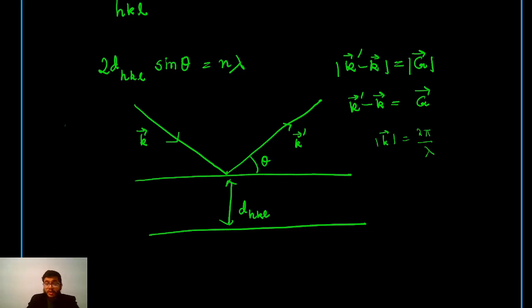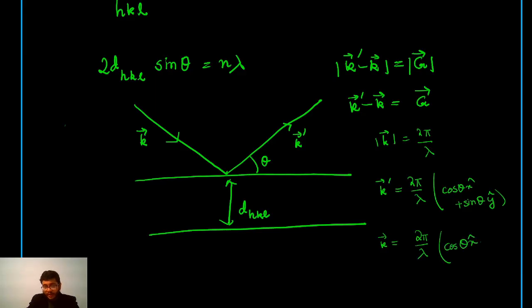And k prime will be 2 pi by lambda into cos theta x cap plus sine theta y cap, and k will be 2 pi by lambda into cos theta x cap minus sine theta y cap.